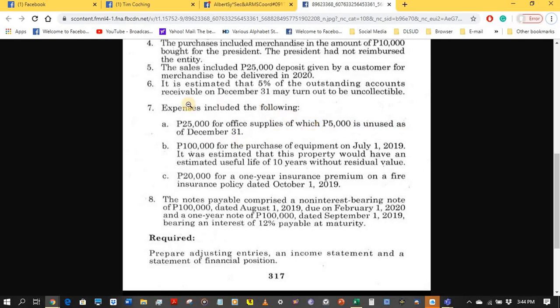So, kung sa 560,000, 25,000 doon is office supplies, 5,000 is unused. So, ibig sabihin, out of 25,000, only 20,000 should be expensed. Yung remaining 5,000 should be prepaid supplies. So, mag-set up tayo ng prepaid supplies. Kasi pag hindi natin yun sinet up, yung 5,000 na to, masasama sa expenses.